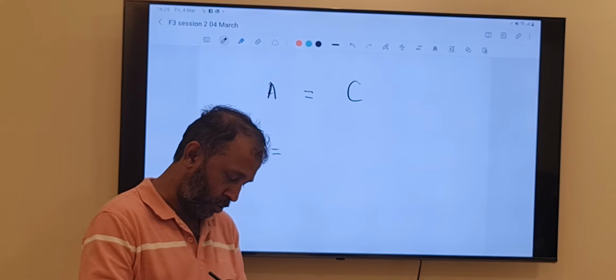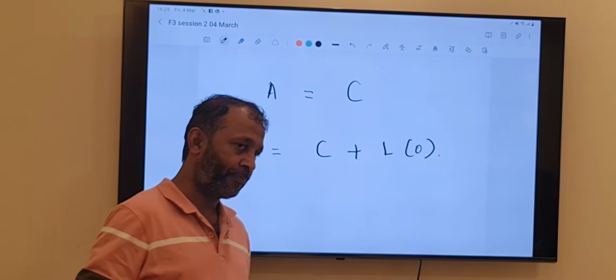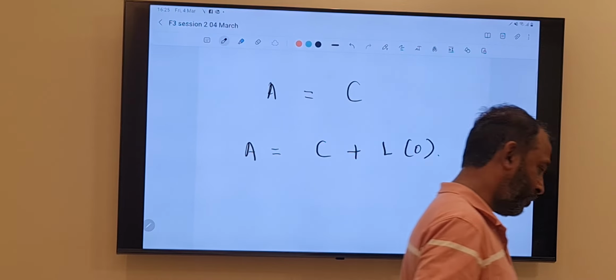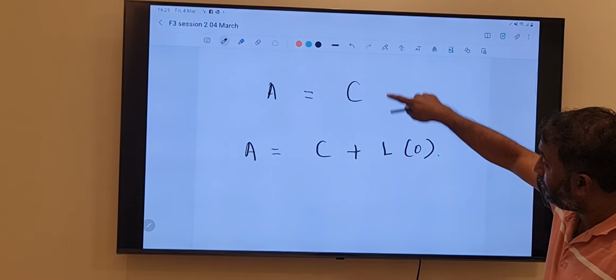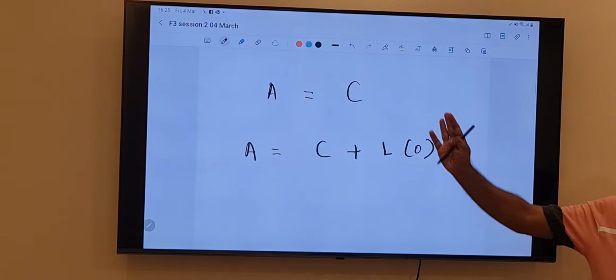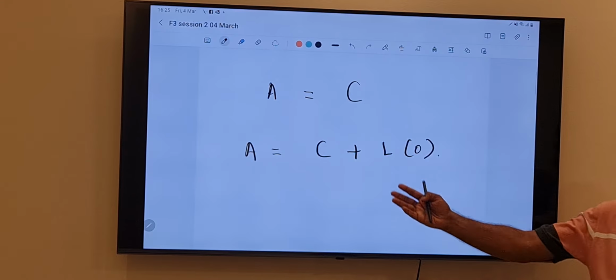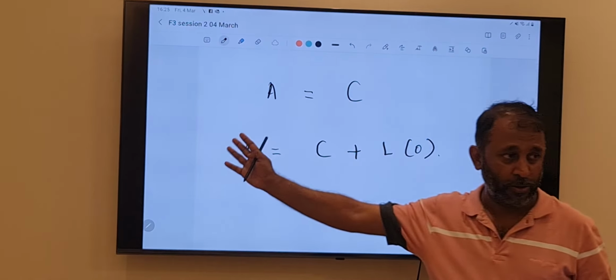Asset is equal to capital plus liability of 0. Is there any difference between these two? Same. Mathematically, these two are the same. The liability amount is 0 plus capital is equal to asset.